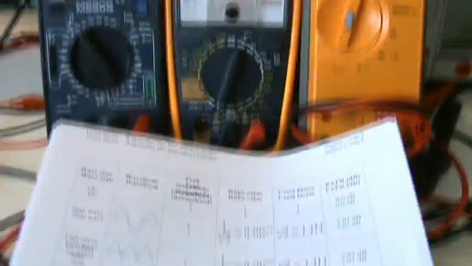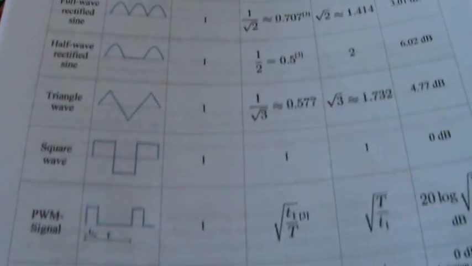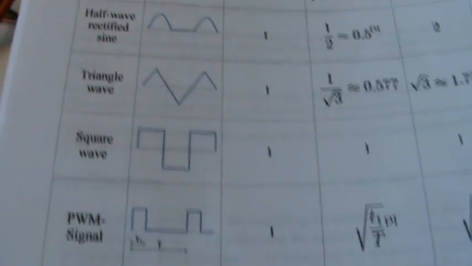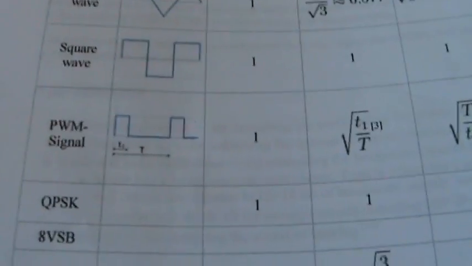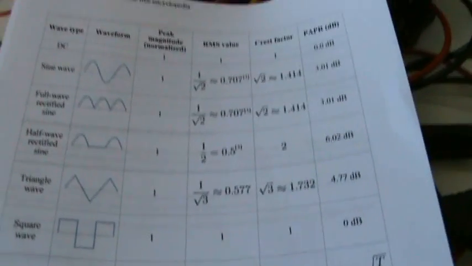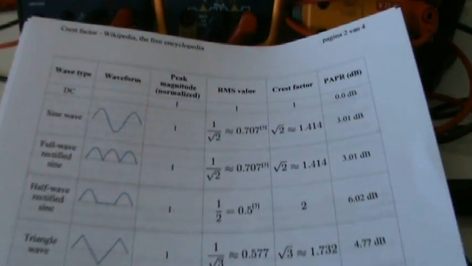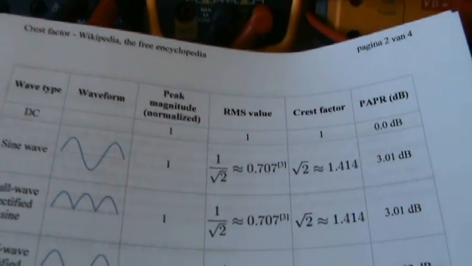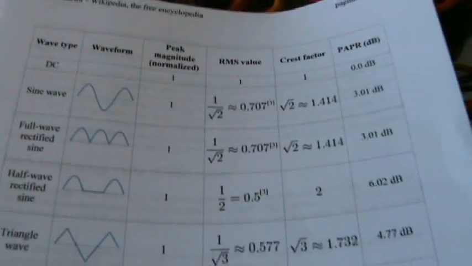But of course we have different waveforms like triangle and square, square with the duty cycle, and they all have different crest factors and RMS values.